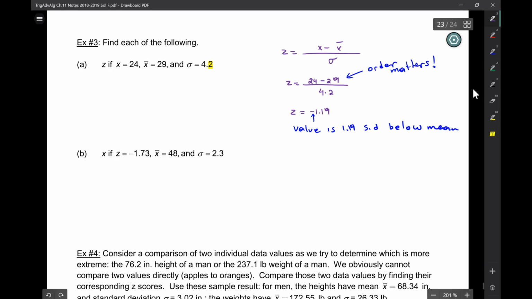What does that mean? Let's take a look. Here is the normal curve, and here's x bar. 1 standard deviation, 2 standard deviations. Your score is somewhere here.